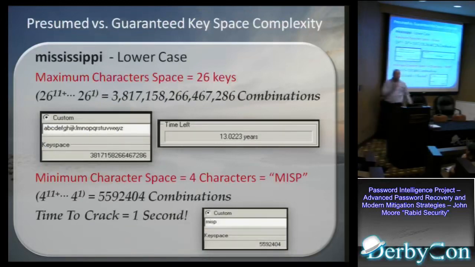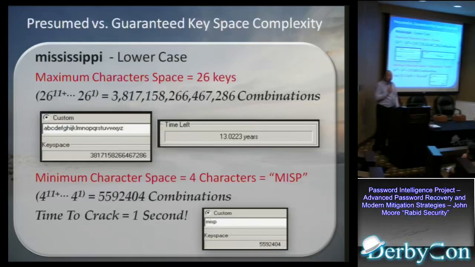So think of Mississippi. It's a pretty big word, all right? But if you really look at Mississippi, it only constitutes how many letters in it? 4. So if I go into my character space in my program for cracking, and I can take out everything except for its constitution of 4 characters, it will then crack it for me. So all I have to do, sorry guys, is type in MISP and go on all the passwords.